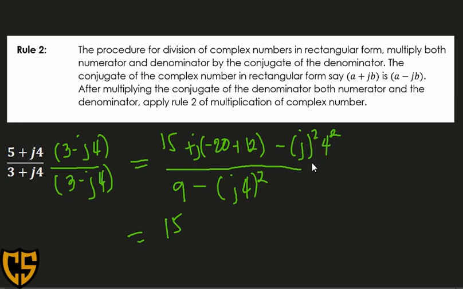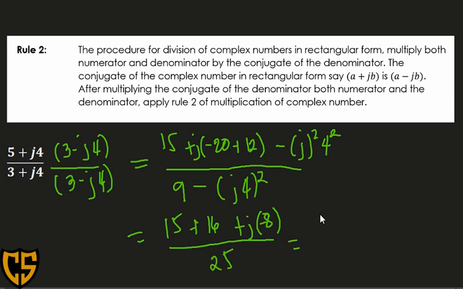Negative 1 times 4 squared times a negative gives plus 16. So the real part is 15 plus 16. For the imaginary value we have 12 plus negative 20, so we have negative 8j. In the denominator we have 9 minus negative 16, which is equal to 25.